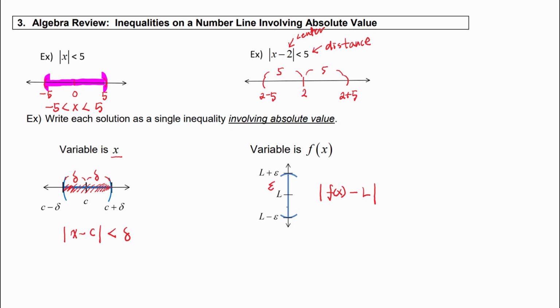Epsilon. What is the distance from L to L minus epsilon? Epsilon. So we want all f of x from center L whose distance is less than epsilon. Very good. You are now ready for the formal definition of a limit.